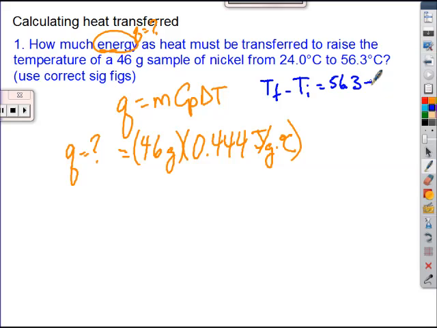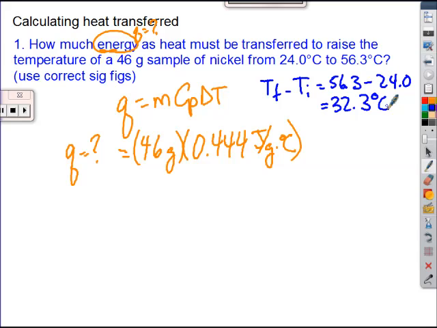Okay, and the temperature I begin? 24. Okay, so take a second and see if we can calculate what that would be. So 56.3 minus 24 degrees. 32.3.